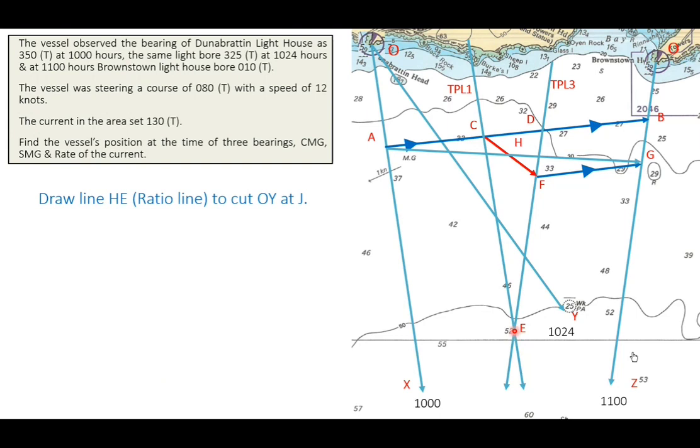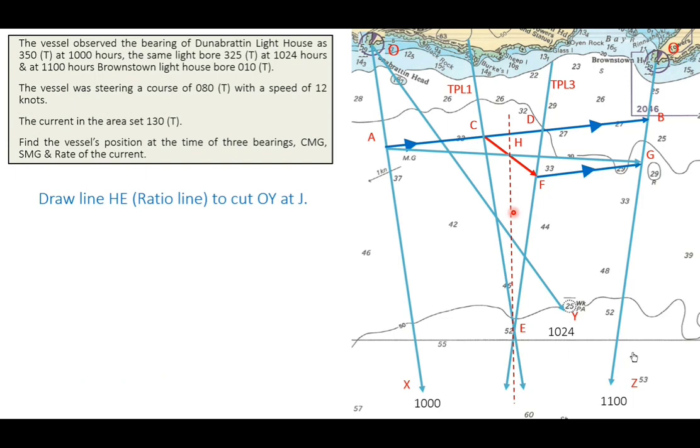So now we are going to join the H point with this intersection point E. You can see this dotted line marked on the chart, joining the H point with the E point. This dotted line, HE, Hotel Echo line, is also known as a ratio line.